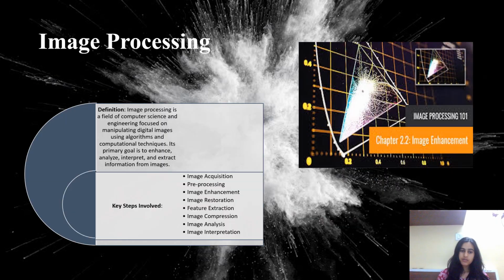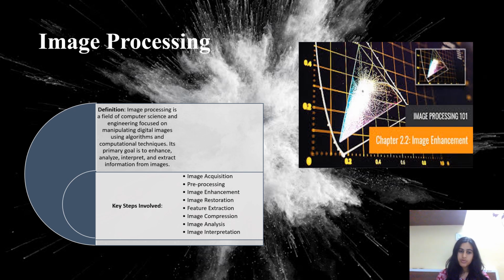Coming to the second part of our presentation, which is image processing. Image processing is manipulation of images using algorithms and different computational techniques. It can be used in a variety of applications such as medical imaging, X-rays and CT scans, in GIS systems and biometric sensors.